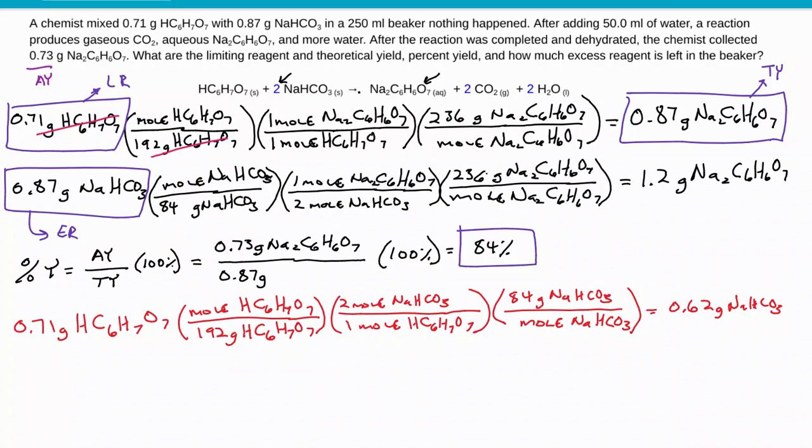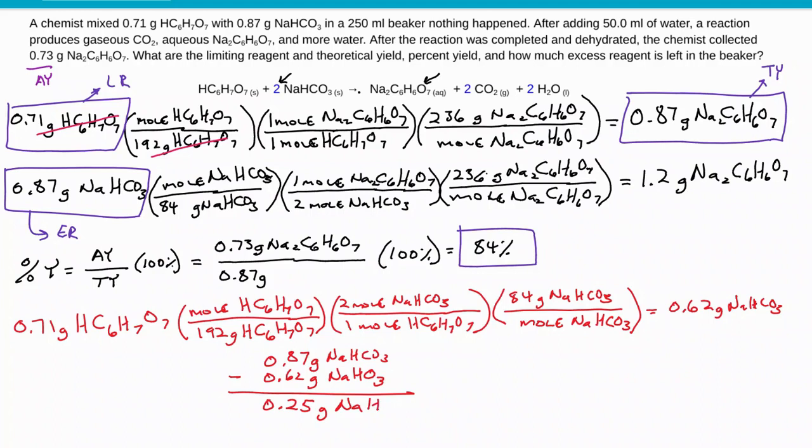Now it's just real simple to find by subtraction. Take the 0.87 grams of baking soda and subtract the 0.62 grams of baking soda out, and you will have your excess mass, and in this case 0.25 grams baking soda is left over in the beaker.